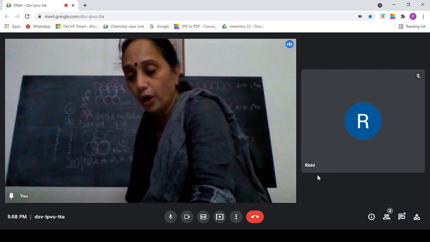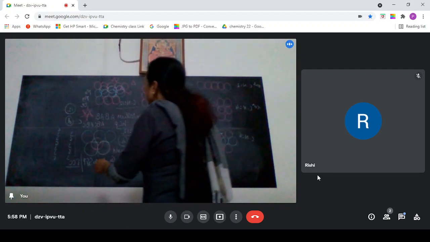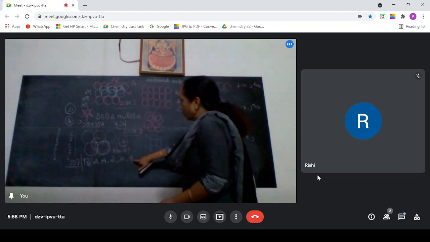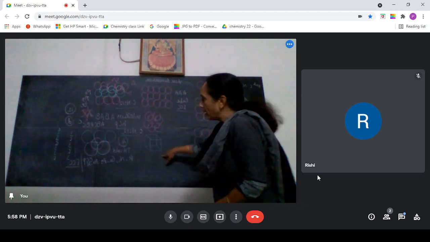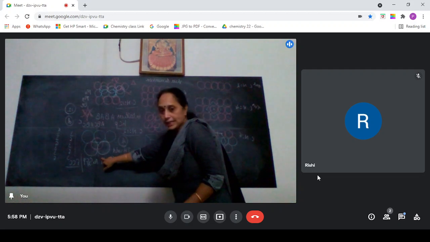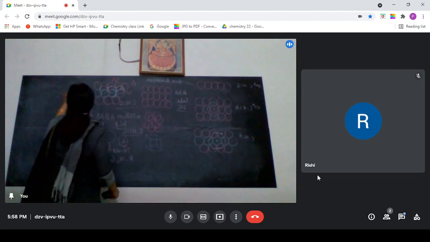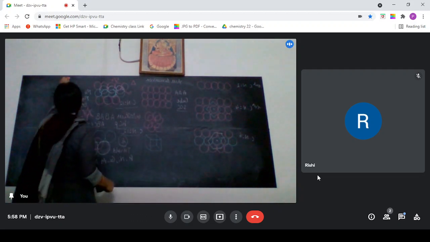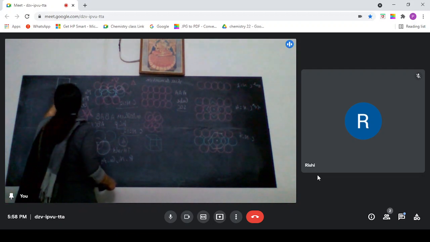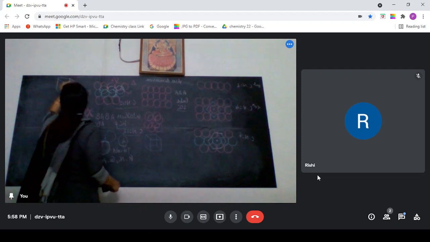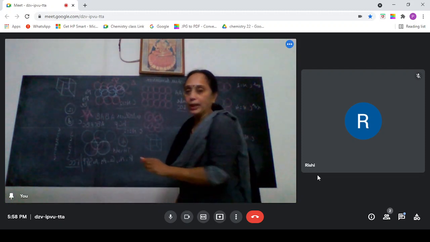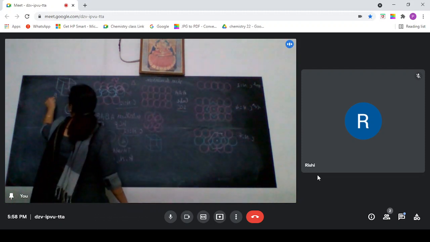Now, this is the simple cube and this is the face-centered cube. You can also have a body-centered cube. That is, at the center of the body you can have a particle. This is body-centered cube.